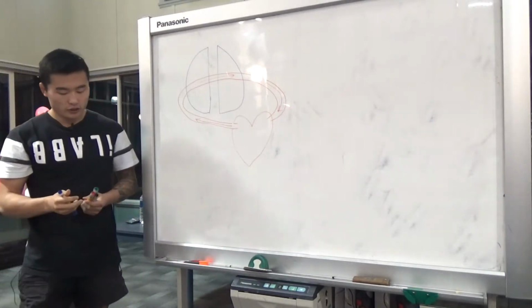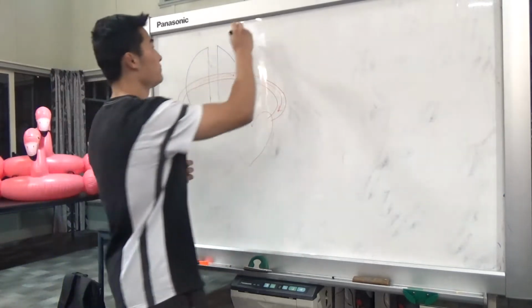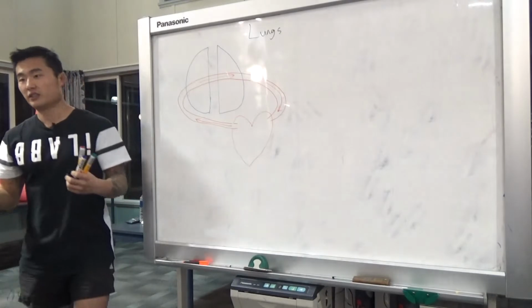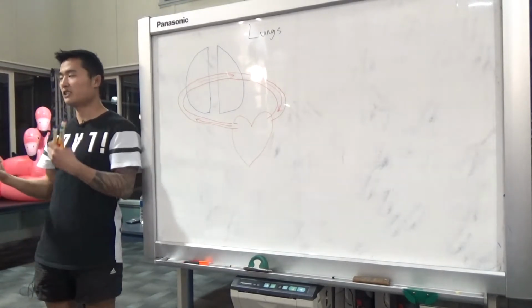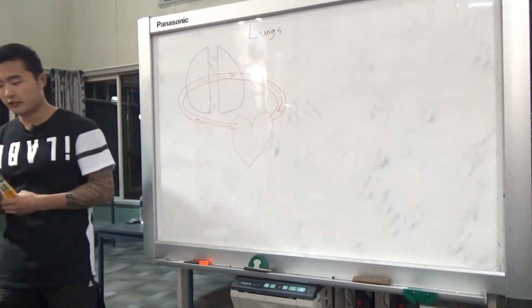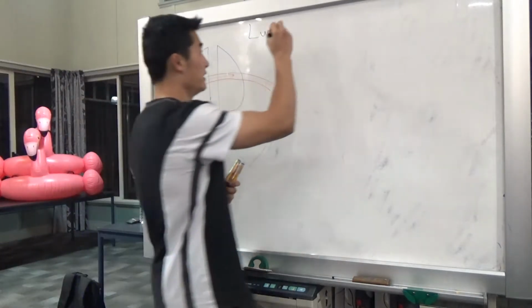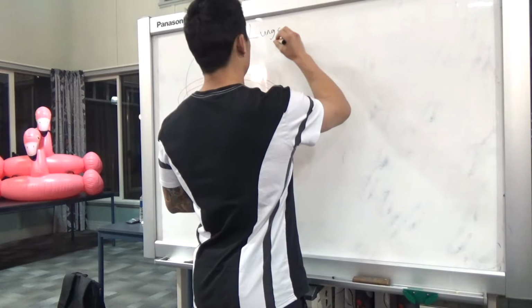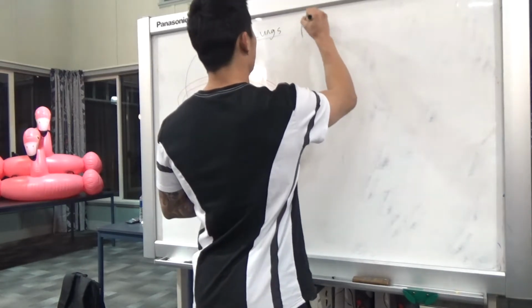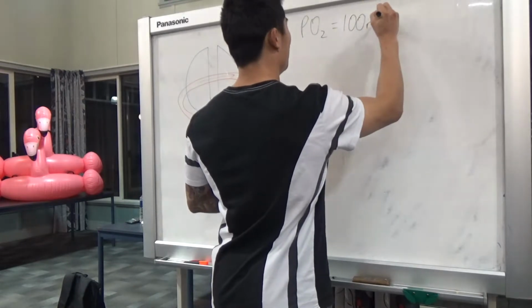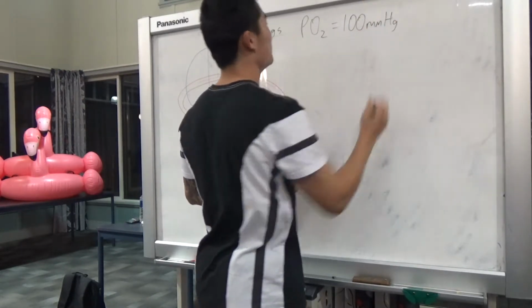Okay, so in the lungs, what do you want to do? You want to pick up oxygen, right? So what are the conditions in the lungs? In the lungs, the partial pressure of oxygen is high, so it's about 100 millimeters of mercury.